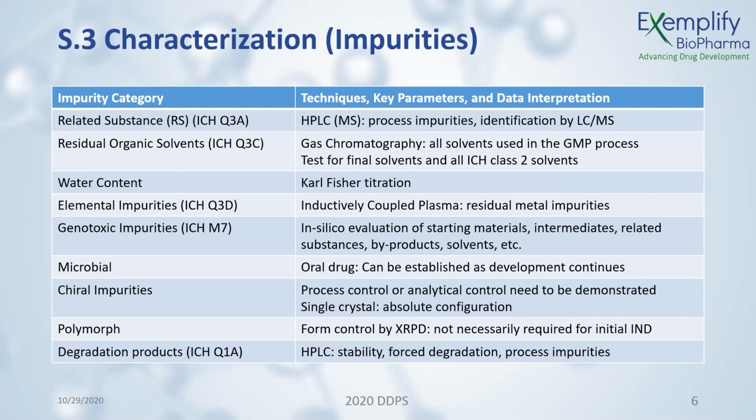Finally, degradation products can be discussed in the stability, forced degradation, and the process impurities. So again, this is the information expected in chapter 3.